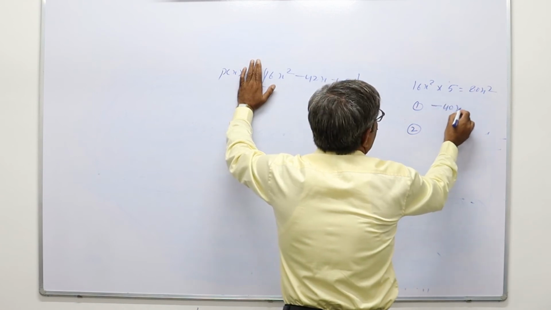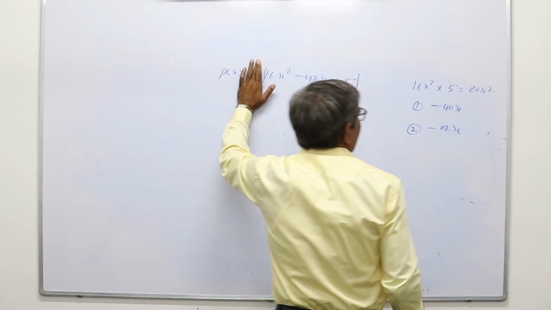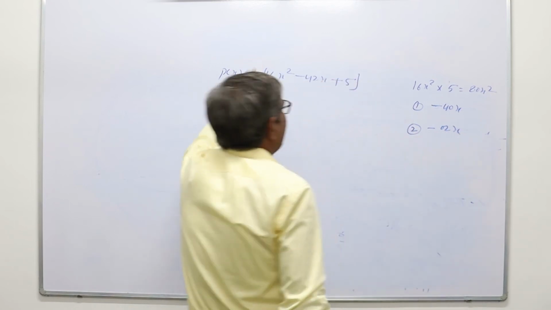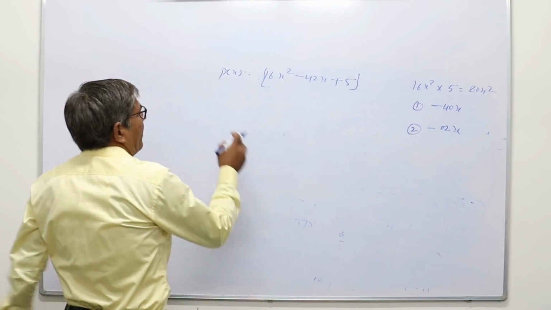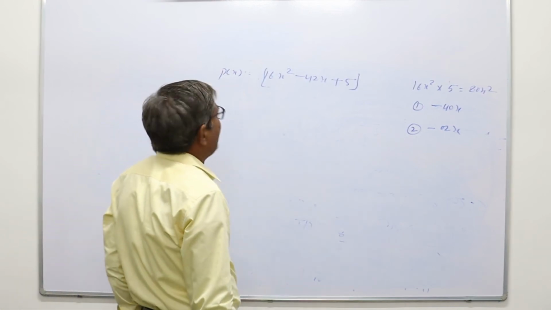So resolve this into two factors such that their sum is minus 42. So minus 40x minus 2x. If we multiply, the product will be 80x square and the sum will be minus 42.